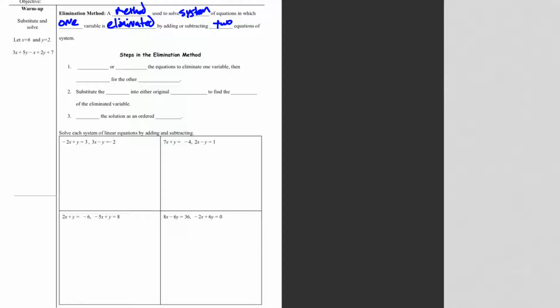Steps in the elimination method. We either add or we subtract the equations to eliminate one variable and then solve for the other variable.